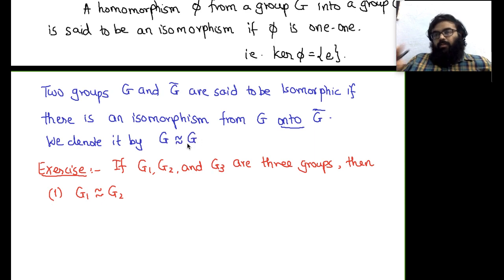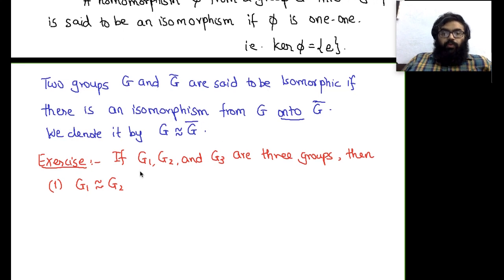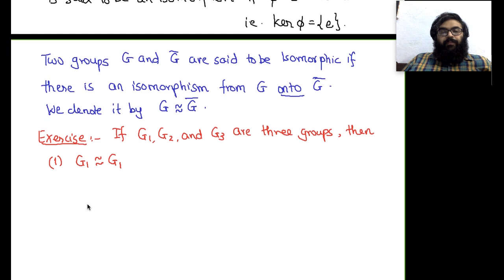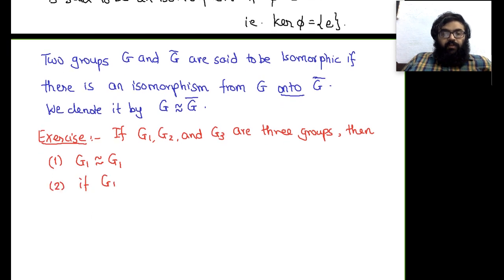There are many other symbols also, but the one used here is this. G is isomorphic to G bar. And what we have to show here is this is an equivalence relation. So G1 is isomorphic to G1. Second, if G1 is isomorphic to G2, then G2 is isomorphic to G1.